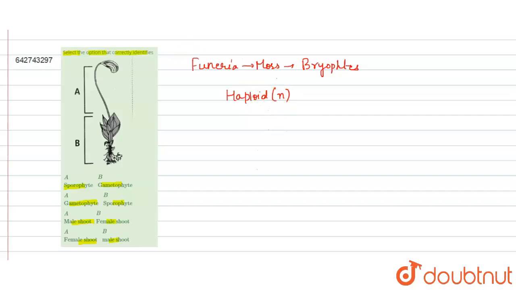Now, when I say that the main plant body is haploid in nature, we also need to understand the term gametophyte first. So, what is this gametophyte? Gametophyte means something which will produce the gametes. Since this gametophyte is the main plant body, it will be leafy in nature and photosynthetic as well.